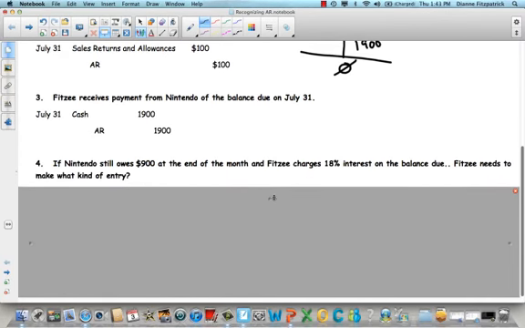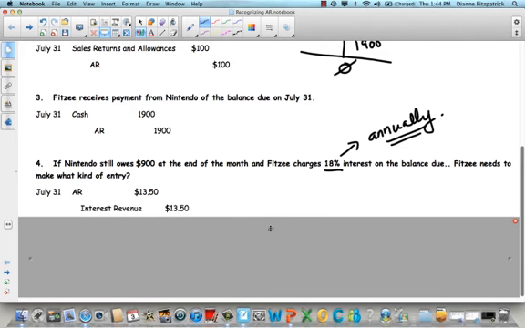Now, if Nintendo still owes us $900, hypothetically, because they did pay us off, we're going to add an interest charge of 18%. Now, remember from when we were doing notes payable, our interest was always expressed annually. They're not late for a year in this case, they're only 1 month late. So we're going to have to do the journal entry that we just talked about, adding the more money to the accounts receivable and collecting interest revenue. So here is our interest revenue. Let's do that math for you though.